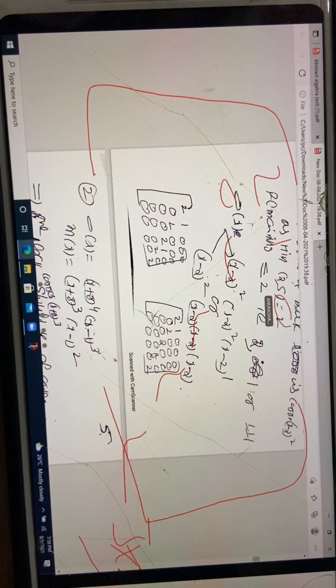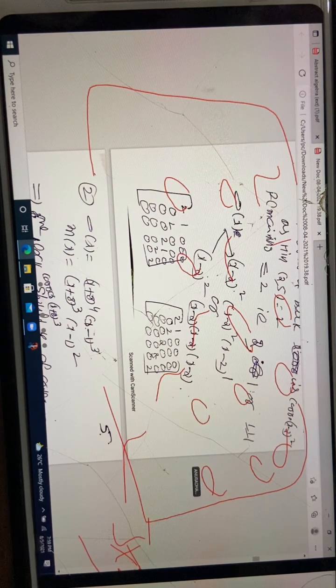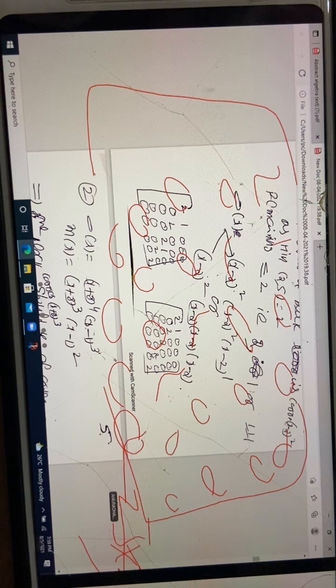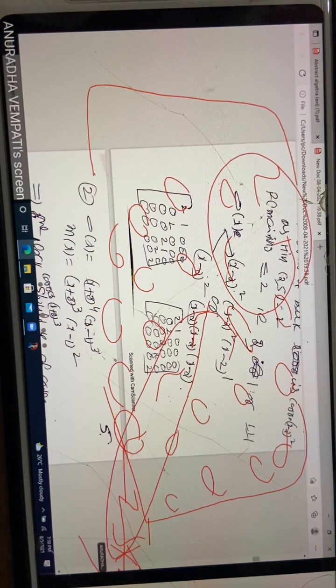Remaining all elements zeros. You can play with this if you understand. So arrange the blocks diagonally, remaining all zeros. Complete 5 by 5 matrix.